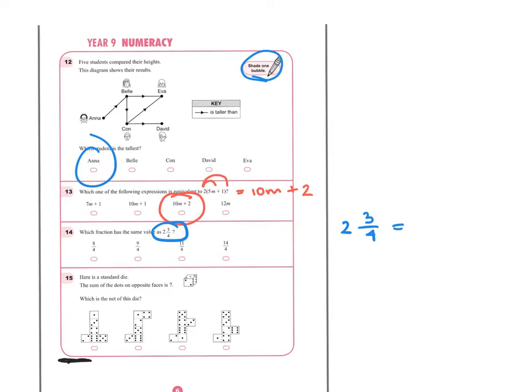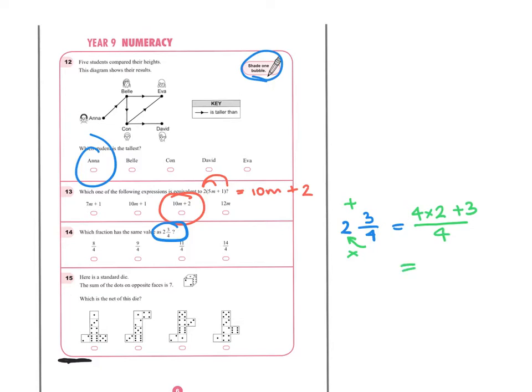To convert into an improper fraction, what we have to do is multiply 4 times 2, and then plus 3. We still have the division bar, so 4 times 2 plus 3 divided by 4, so we keep the same denominator.